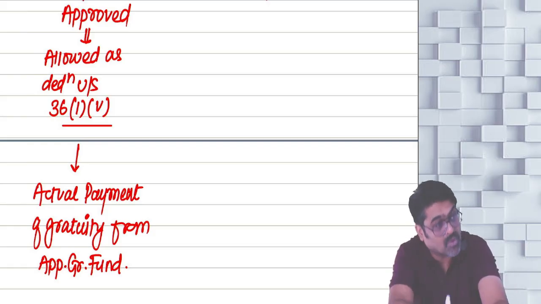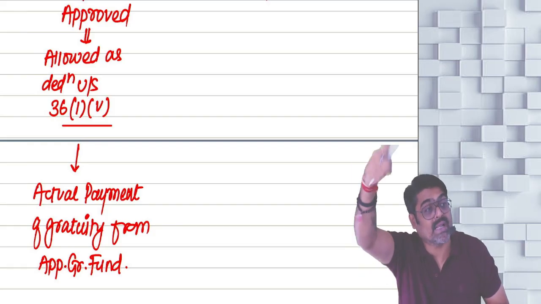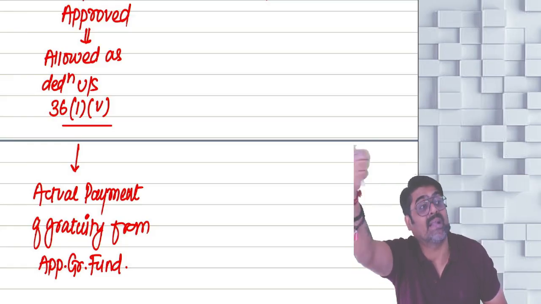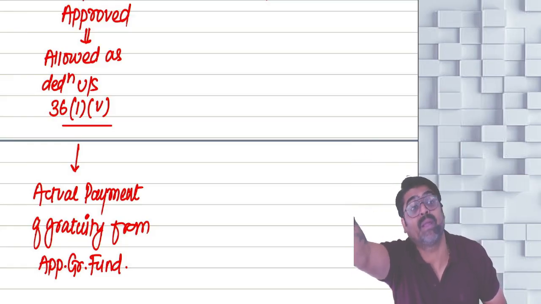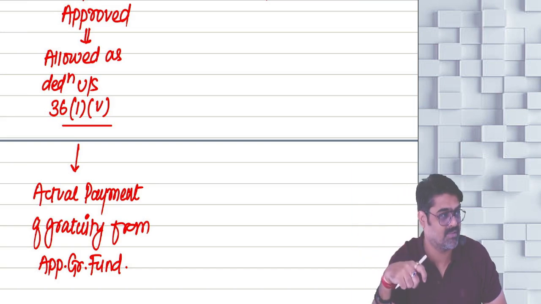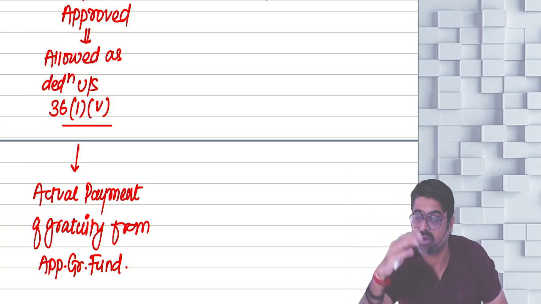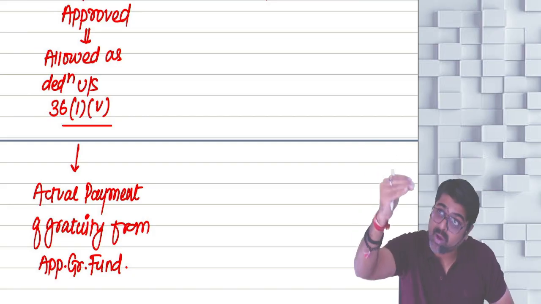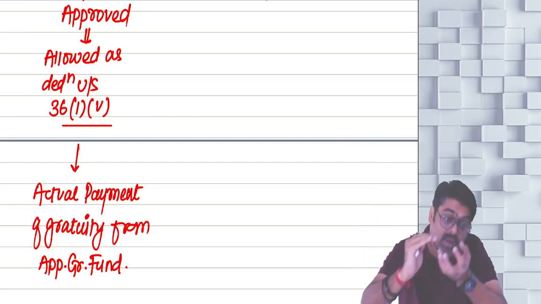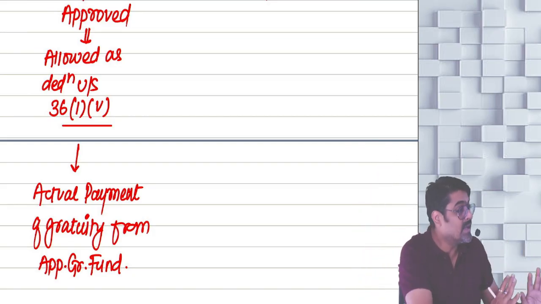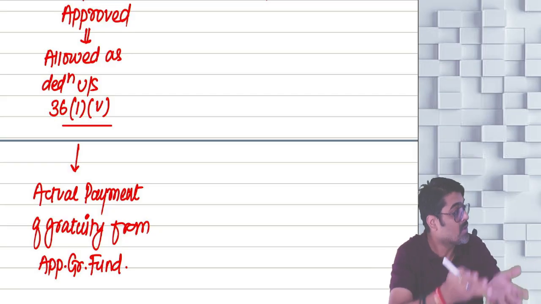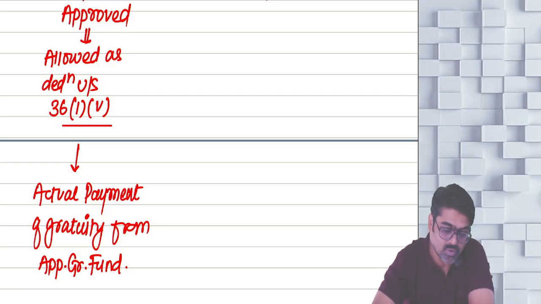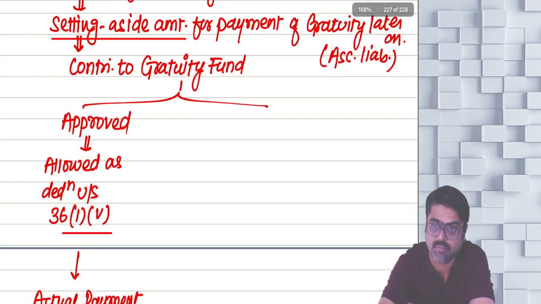And from that amount, if in the future the gratuity is paid, that gratuity will again not be allowed as a deduction. Understanding? Because that gratuity payment is out of that amount which we have already allowed you as a deduction when you were actually contributing.